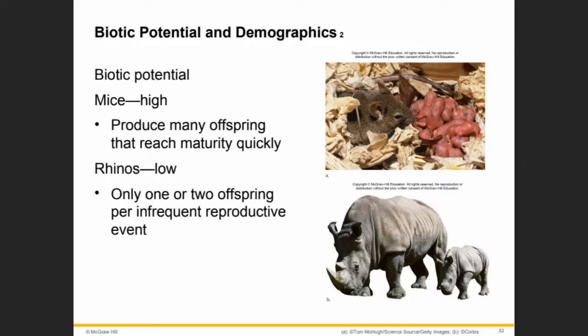So the pattern of population growth depends on those factors, which we call biotic potential: the availability of unlimited resources, number of offspring per reproduction, chance of survival, age at which reproduction begins, and how often each individual reproduces.